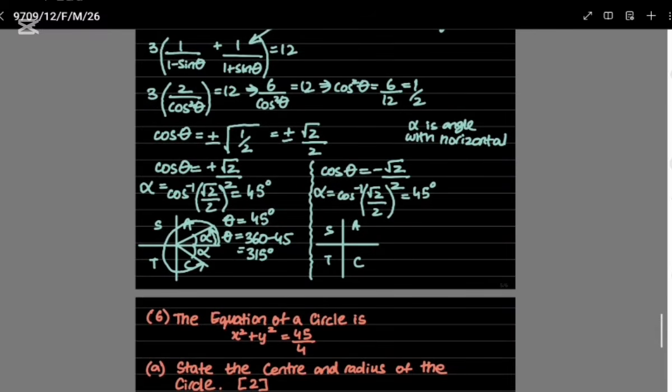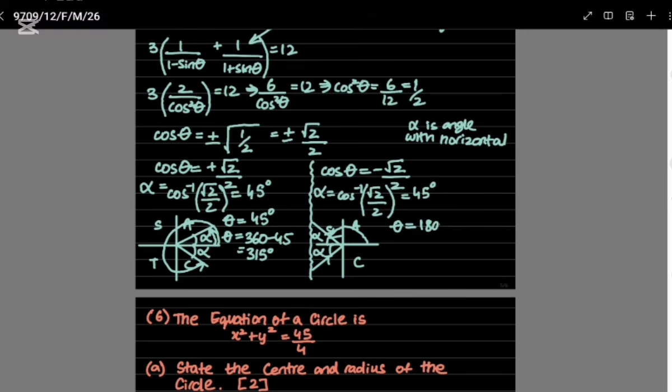Now let's do the same thing over here, but the problem is cos theta is negative this time, so you can't draw the same diagram. Now it's going to be over here in the second and the third quadrant. Alpha is still the angle with the horizontal every time. We have to find theta, so you go in a clockwise direction until it hits it.